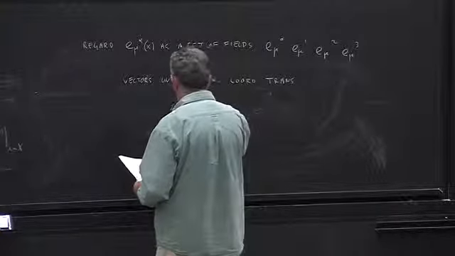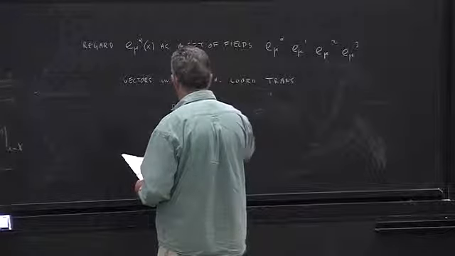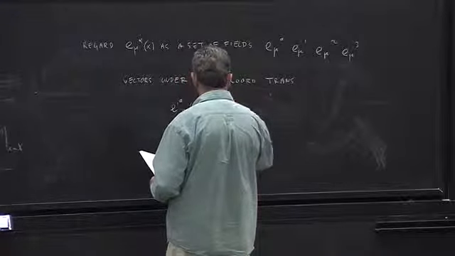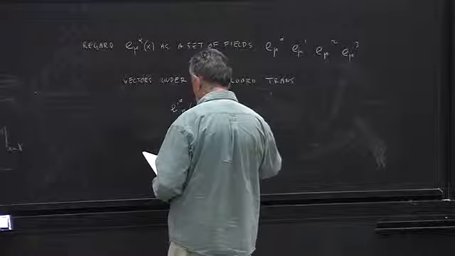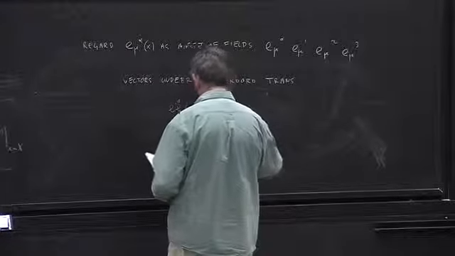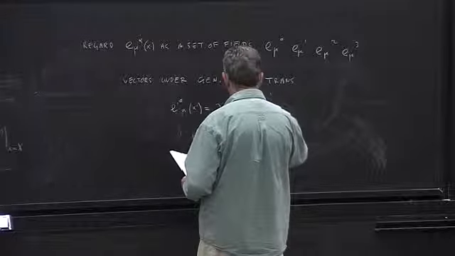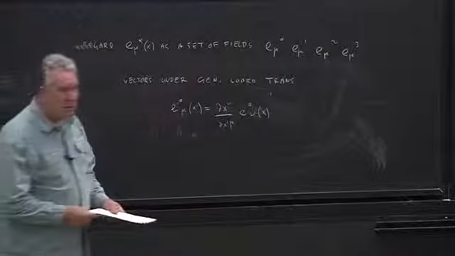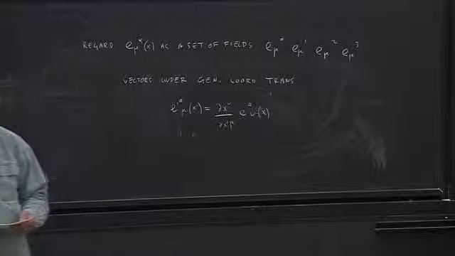So E A prime of x prime is dx nu dx prime mu E A nu of x. So as far as their mu index is concerned, they transform as vectors.